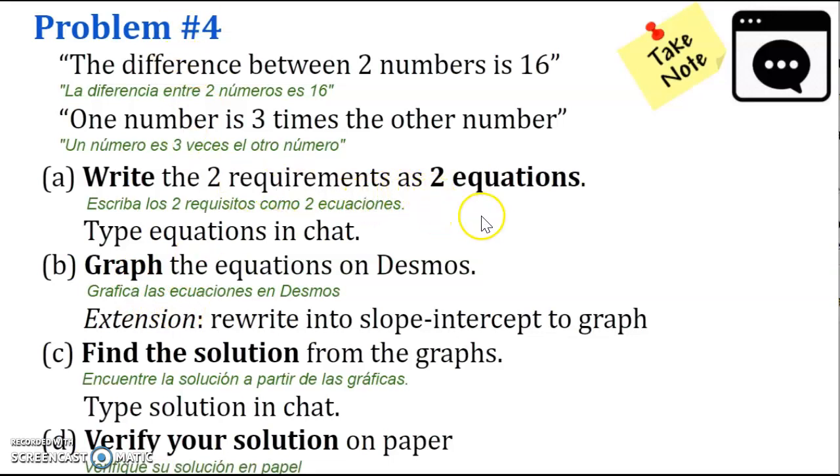Okay, so what do you have as your two equations?